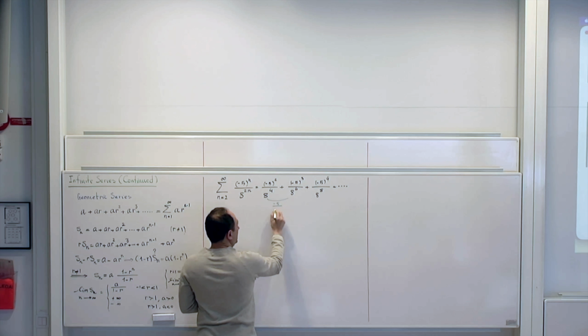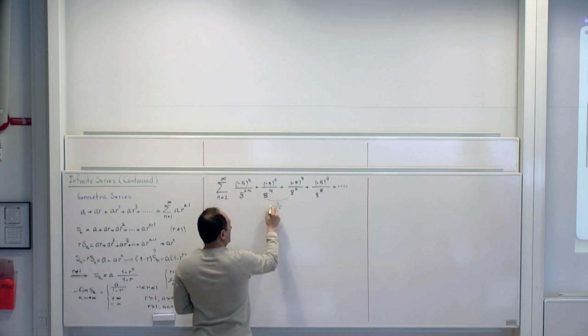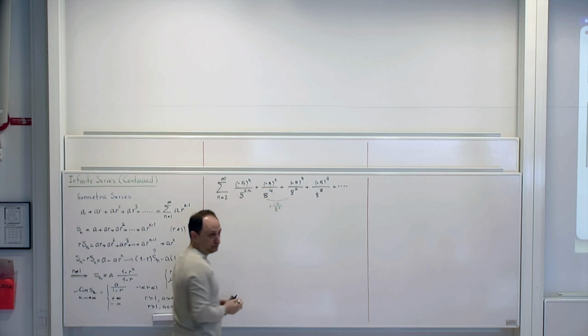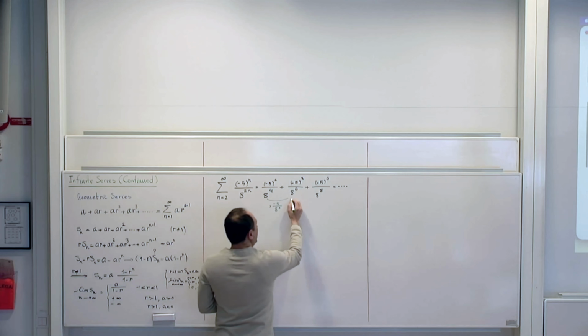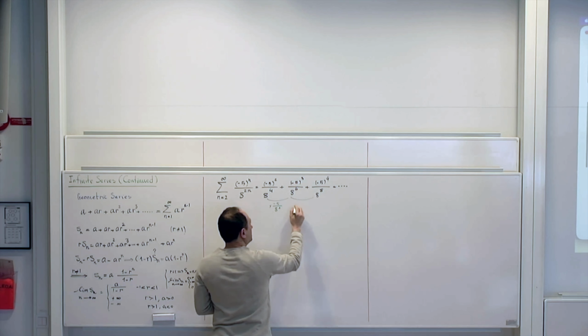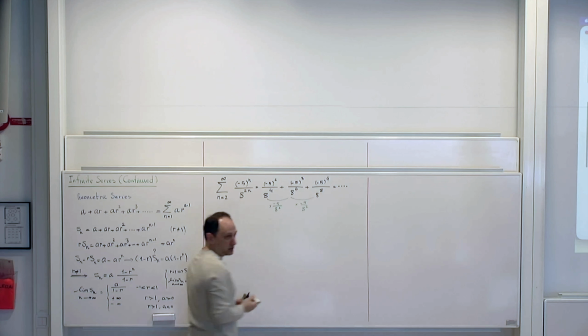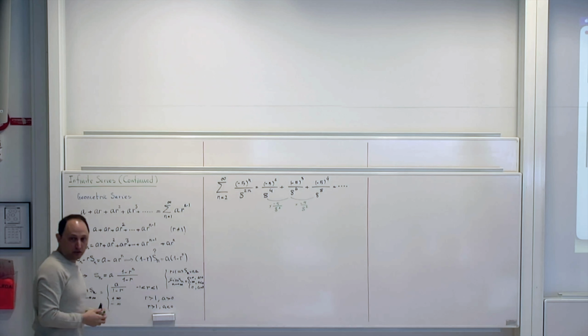Do you agree with me? If I multiply this expression by that number, I get this one. And then the same story happens here. If I multiply this one by the same constant, that's important, it should be the same constant, I will generate the next one. Yes? And this pattern will continue.